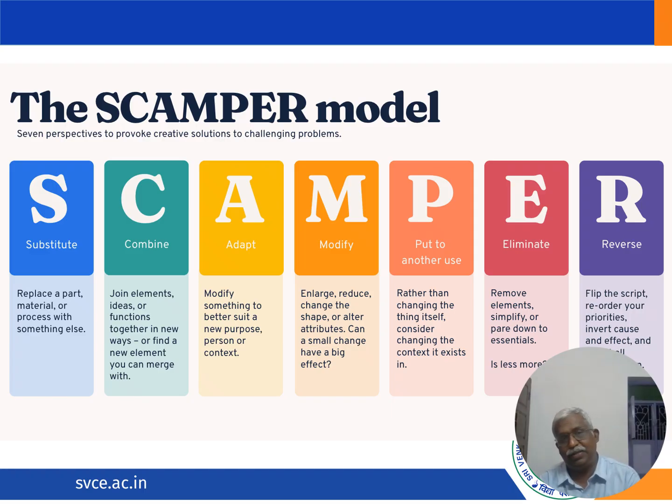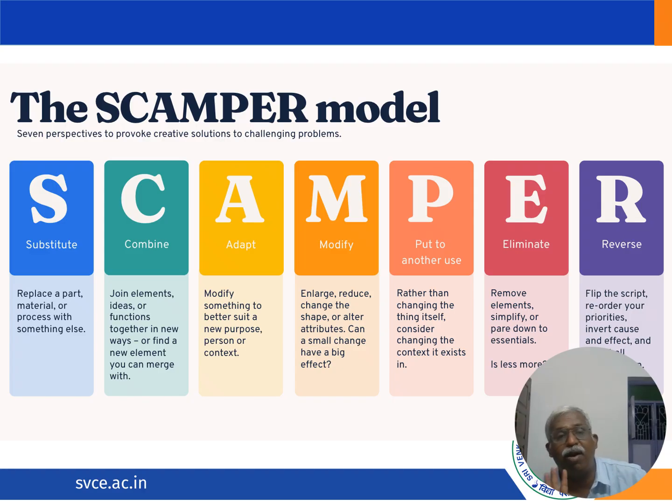Then adapt: modify something to better suit a new purpose, person, or sometimes context. If we are working with one problem, one mission, the manpower we are utilizing we can take in some other way.